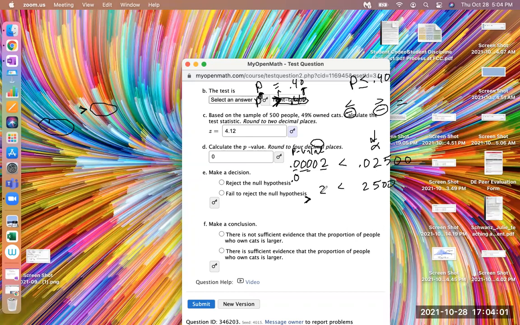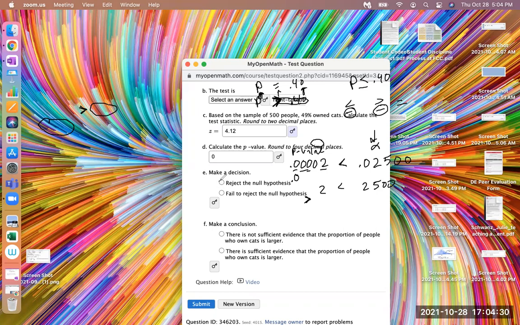This is like comparing 2 to 2,500. So which one is bigger, 2 or 2,500? 2,500 is certainly bigger, and that's the same reason why 0.025 is much bigger than 0.00002. So yes, we say the p-value is less than alpha. If the p-value is low, the null hypothesis must go. So we reject the null hypothesis.